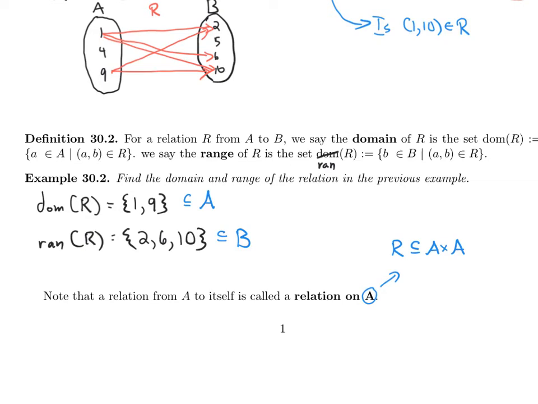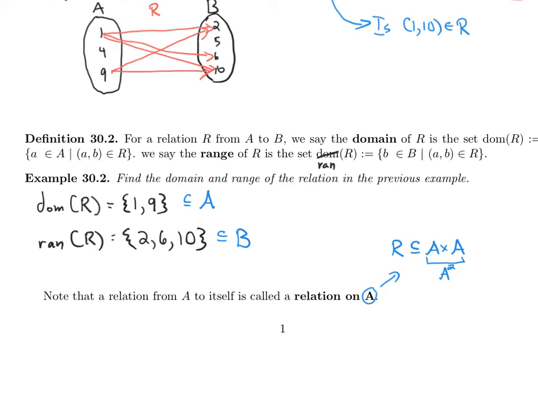And sometimes you might see some people instead write A cross A as A squared. And they kind of think about this Cartesian product like set multiplication in some sense. So they'll write A squared to mean A cross A. So you might see that.